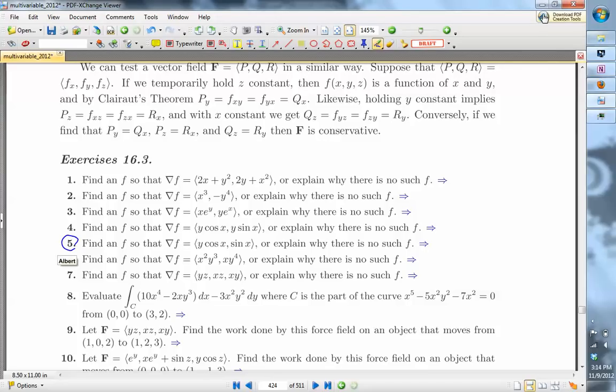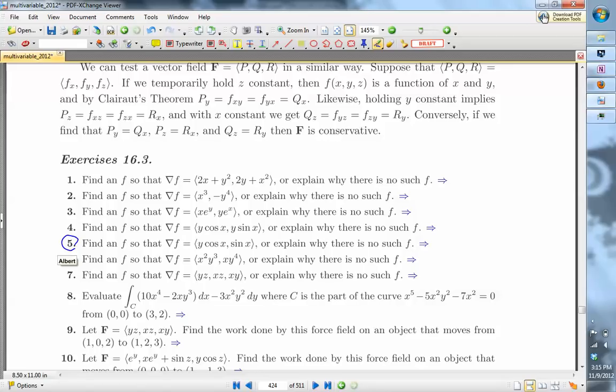We want to find an f so that the gradient of f is equal to y cosine x, sine x, or explain why there is no such f. You want to apply the test. This is a 2-dimensional vector, so you apply the simple test, Py equals Qx. If the test holds, then you have to find little f. If the test fails, you're done. You walk away. There is no little f.